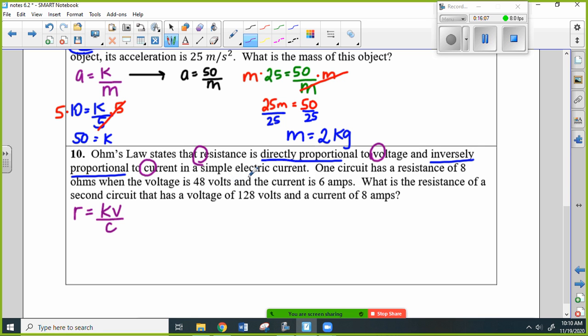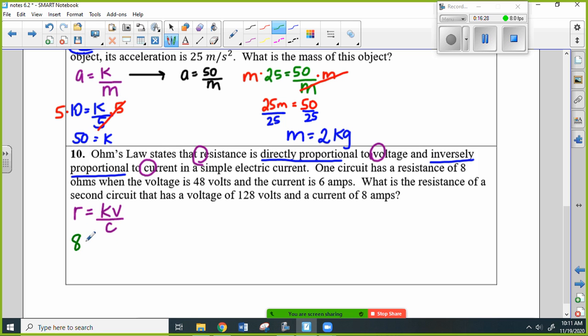One circuit has a resistance of 8 ohms when the voltage is 48 volts and the current is 6 amps. So they're saying all of those things happen at the same time. So that is my set that I plug in at the same time. All right, so let's see.